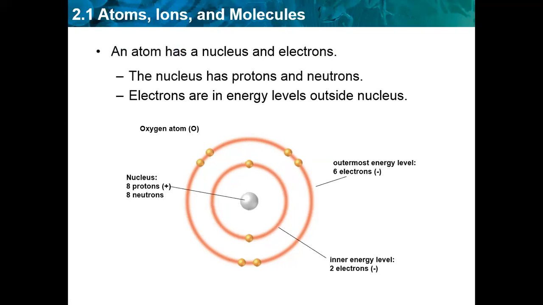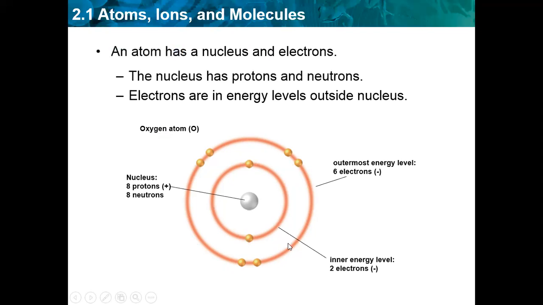Now, in total, how many electrons do we have in this atom? You count from here: 1, 2, 3, 4, 5, 6, 7, 8. And if someone asks you what is the atomic number of oxygen, you tell them 8.